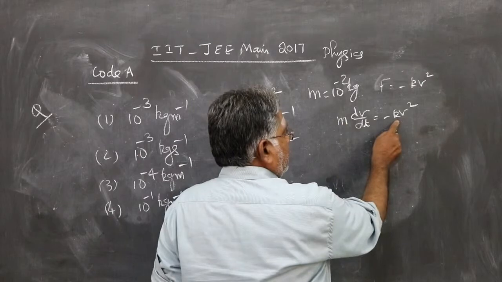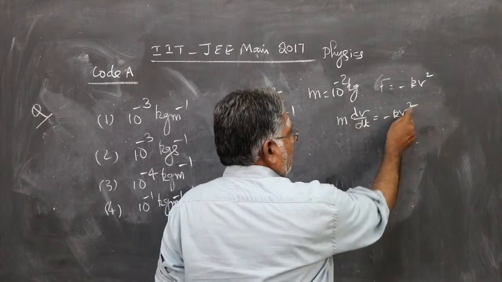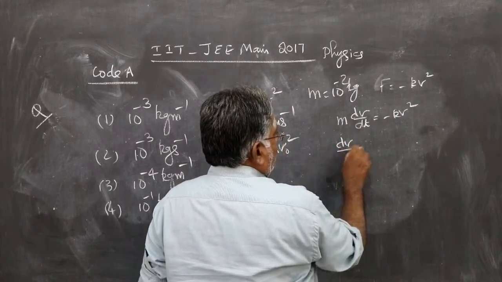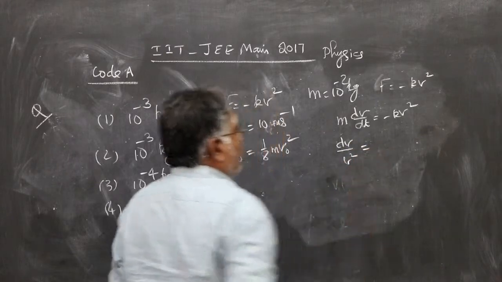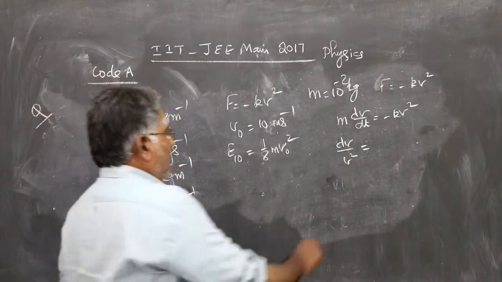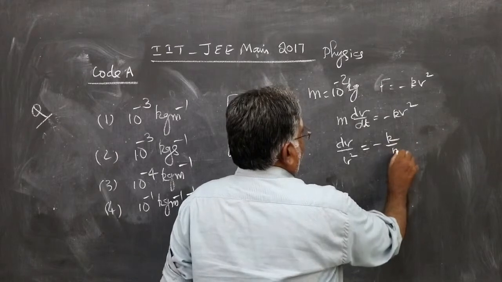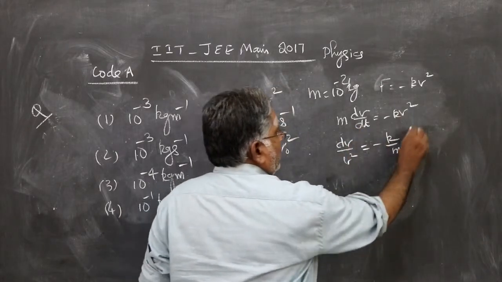Take this m to the other side, dt to the other side, V squared this side. You will get dV by V square is equal to minus k by m dt.